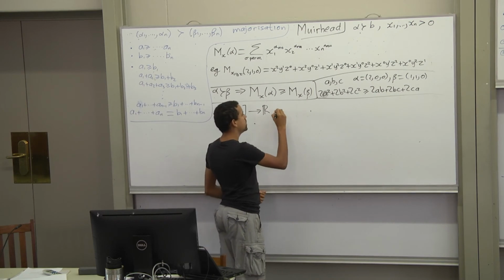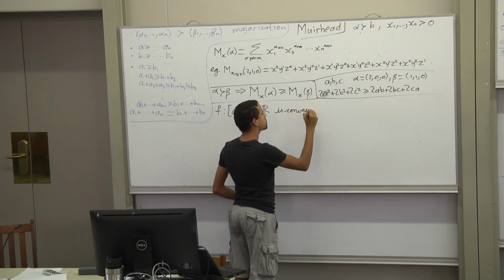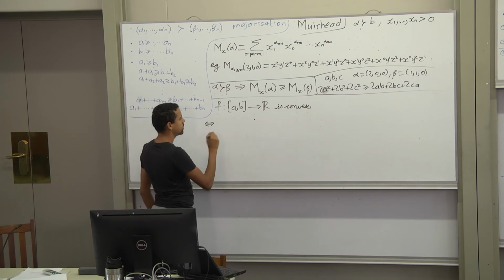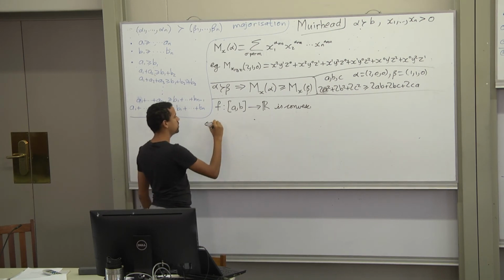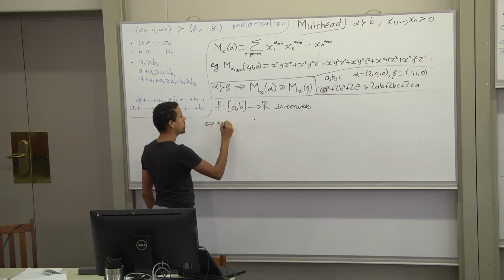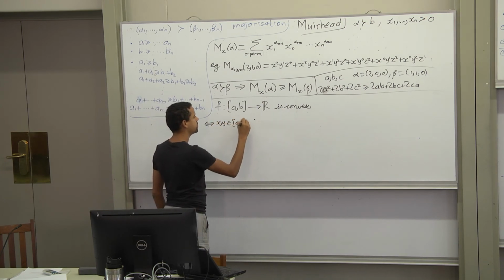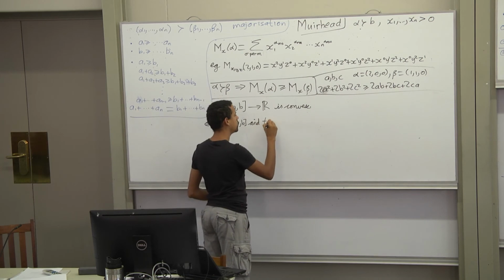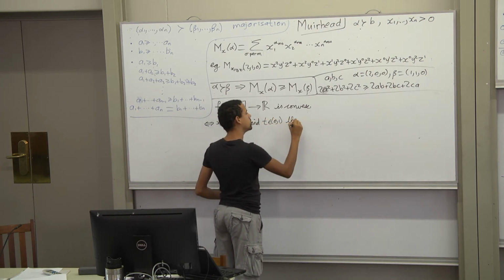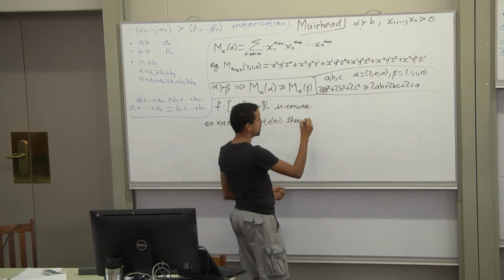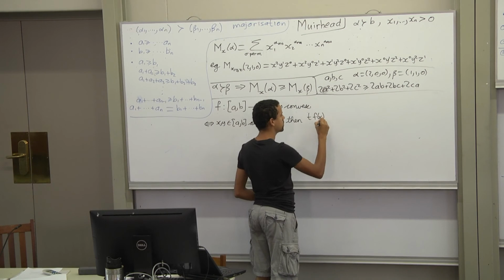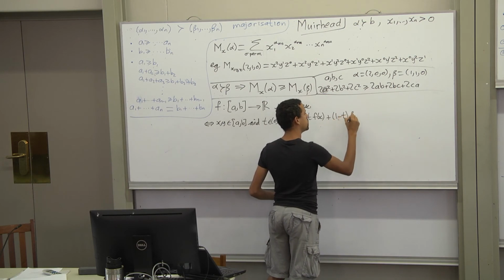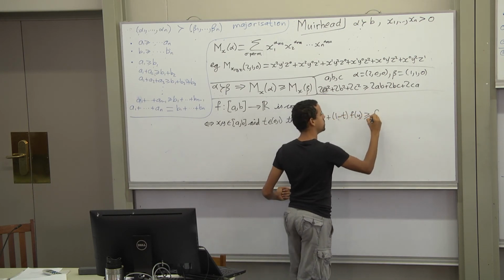So that function is convex if and only if, whenever you have 2 points in this interval, x and y, and you have some number between 0 and 1, let's say t, then the following holds. t f of x plus 1 minus t f of y is greater than or equal to f of that.